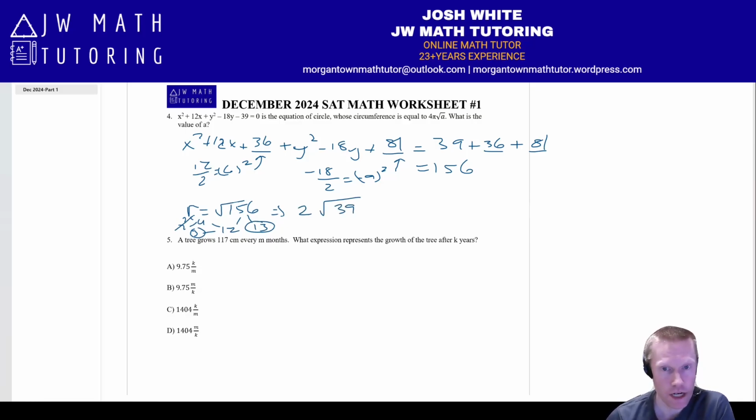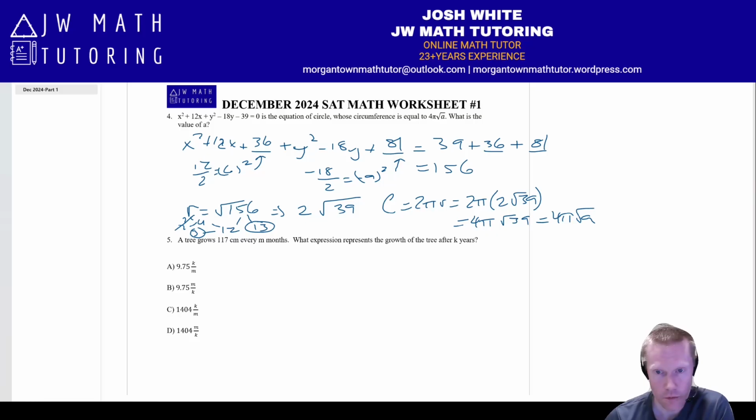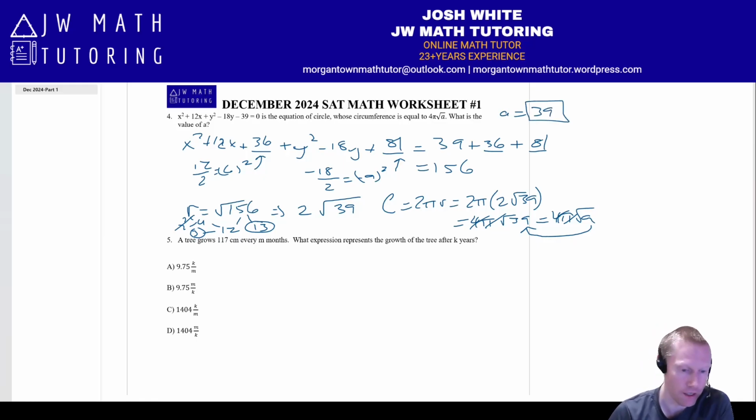That means the circumference is equal to 2 pi times that, which is 2 pi times 2 root 39, which is equal to 4 pi root 39. So if this is equal to 4 pi root A, well, the 4 pi's cancel out, so A has to be 39. So the correct answer for this is just the number 39.